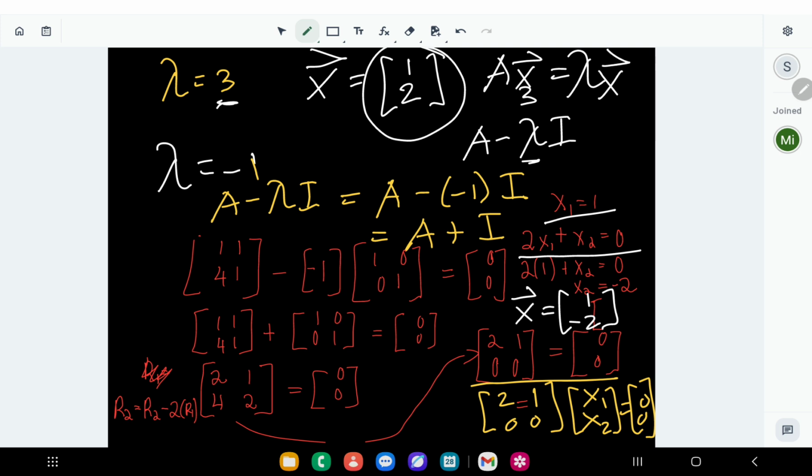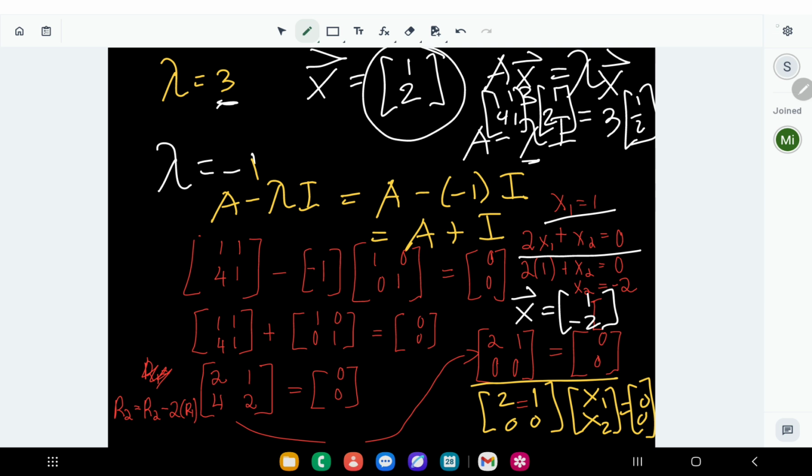So you put the original matrix 1 1 4 1, and then the eigenvector for a specific lambda, for example lambda 3, the vector 1 2, then lambda 3 times 1 2, and you check if they are equivalent. Yeah, they're equivalent because they're the same.